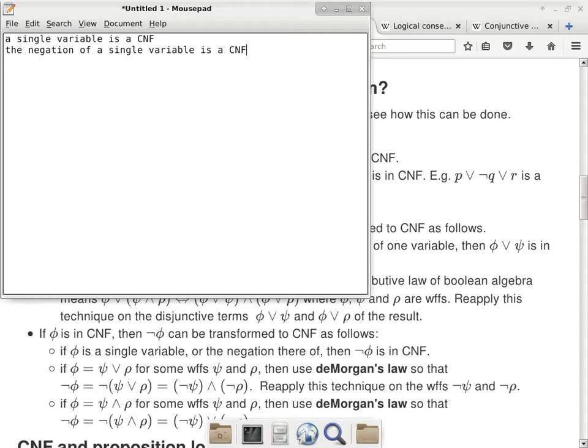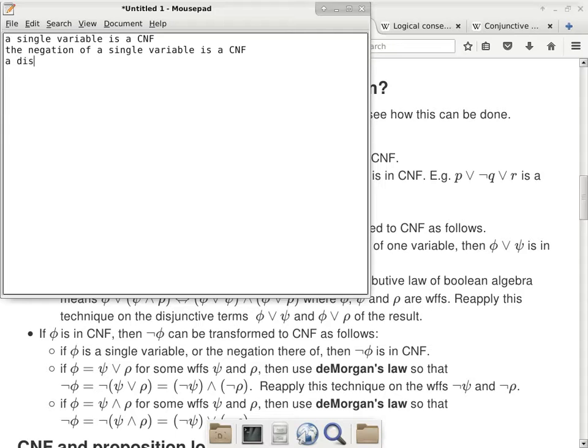You can always say and true, then it becomes CNF. So instead of using and true all the time, we just say, let's just count a single variable as a CNF. And the negation of a single variable, like not P, not Q, not R, those are also considered as CNF.